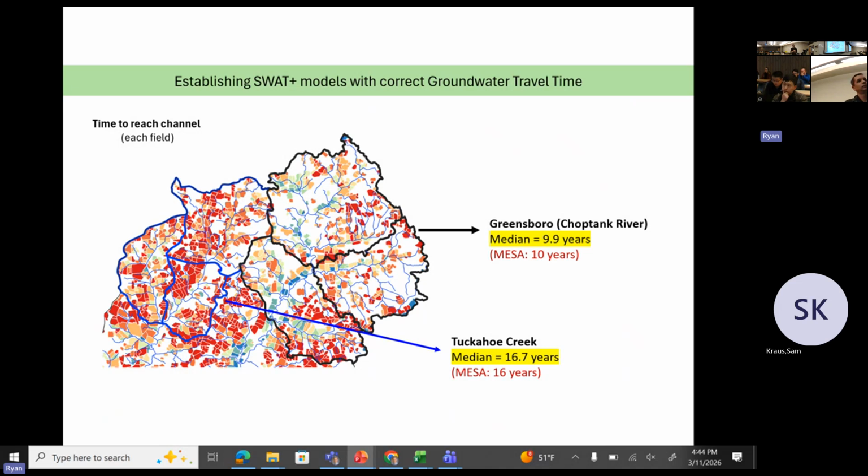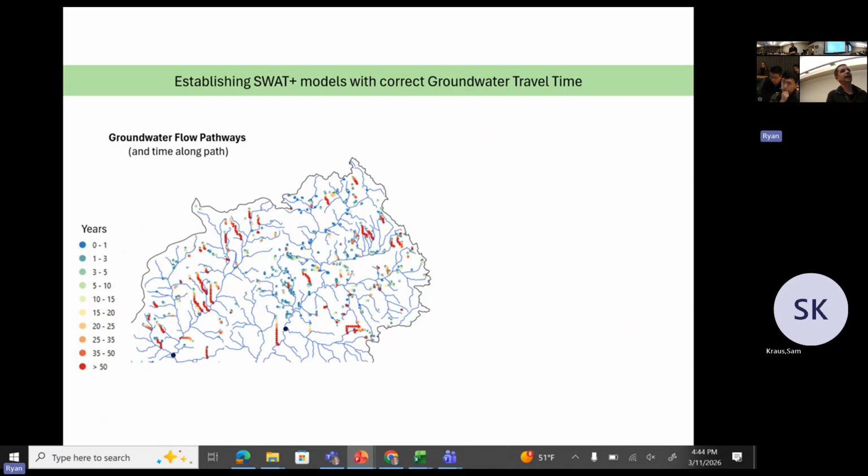So now we're making sure that the groundwater has the right travel time from these fields to the nearest channel based on this tracer data. So now we can use this for conservation practices. And these are looking at individual flow paths. So for example, if you take this location right here, it looks like it's going to go to this channel, but based on gradients, it actually flows south.